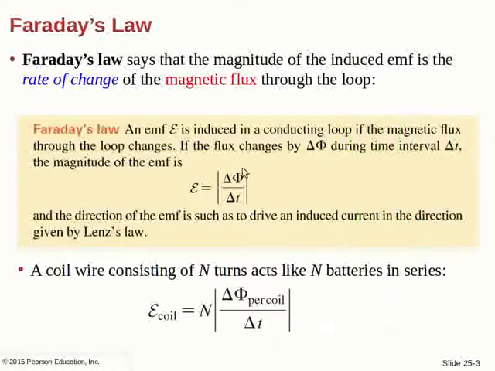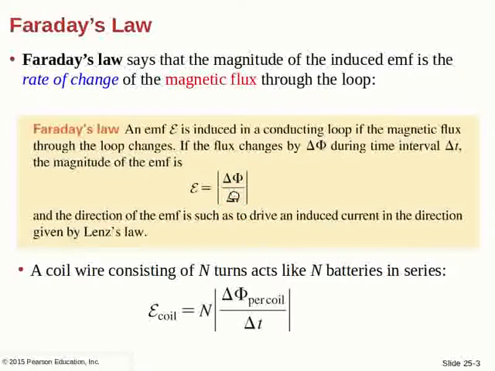Therefore, this delta phi up here means a change in magnetic flux. How much did it change in time delta t? So if it changed by 50%, there's some value in units by which it increases, delta phi, and there's also some value in units, notably seconds, for the time that it takes to do that.